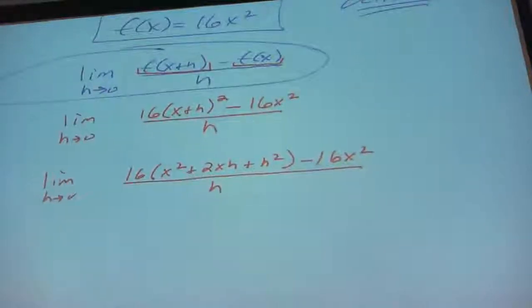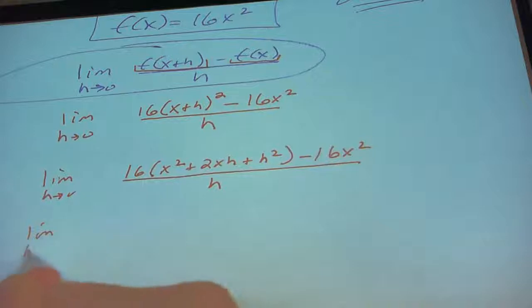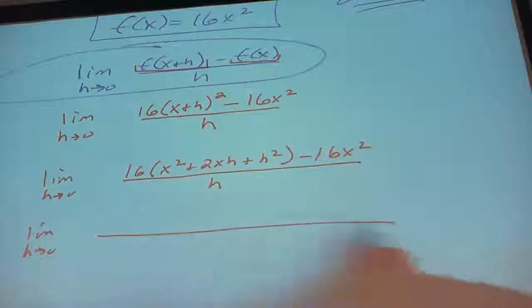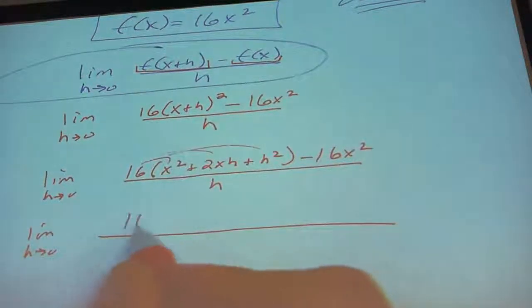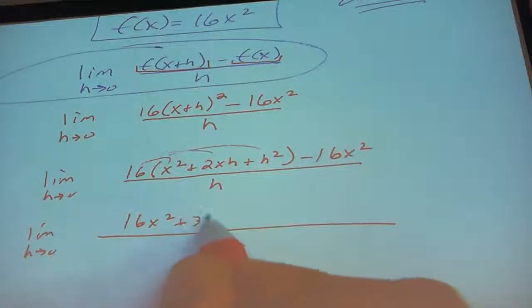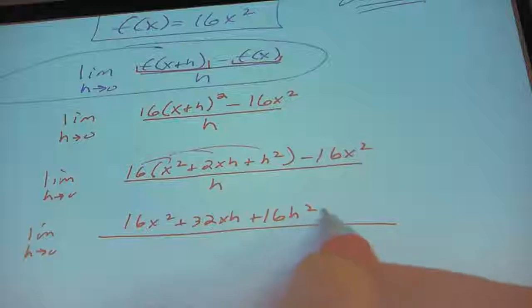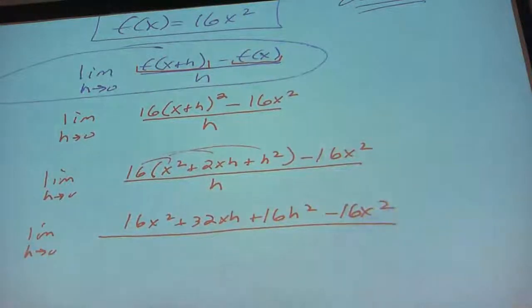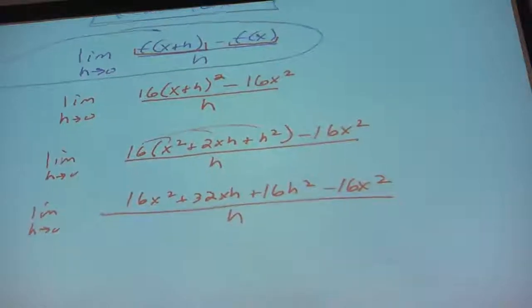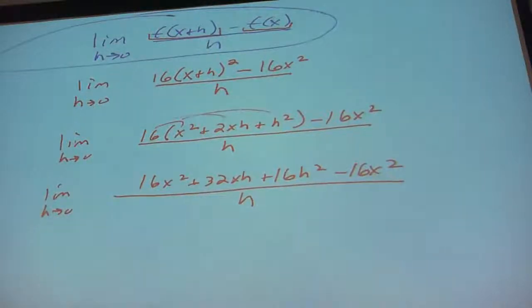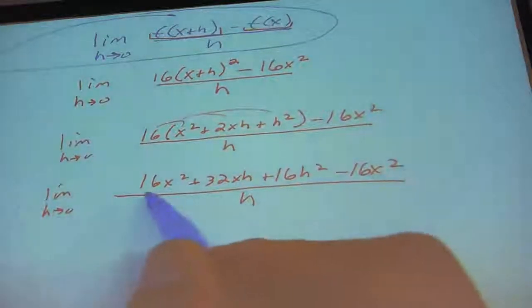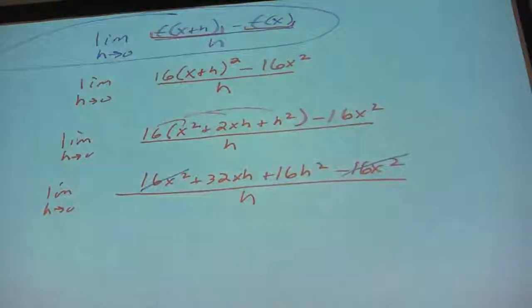And then the limit as h approaches 0 distributes 16x squared plus 32xh plus 16h squared minus 16x squared over h. Again, same algebra, I'm just not explaining it anymore because I already explained it. You see that this goes away, this goes away.